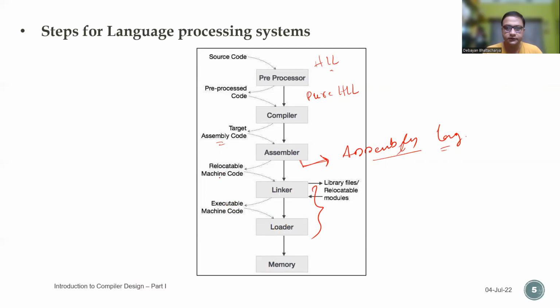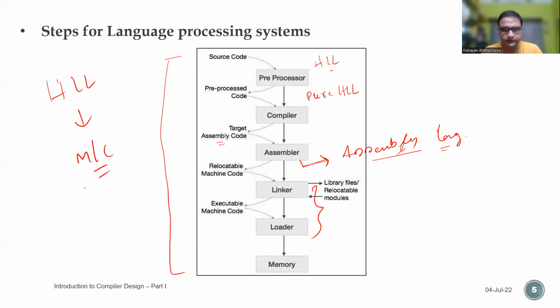Absolute machine code is the code in which the relocatable machine code has been assigned a particular memory location for execution. These are the steps followed whenever we convert instructions given in high level language into executable machine code.